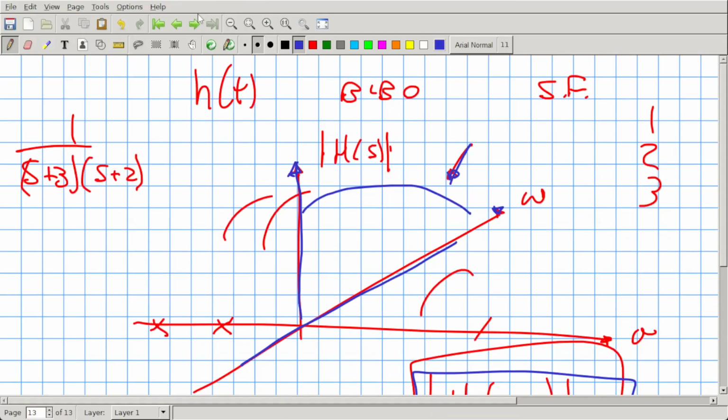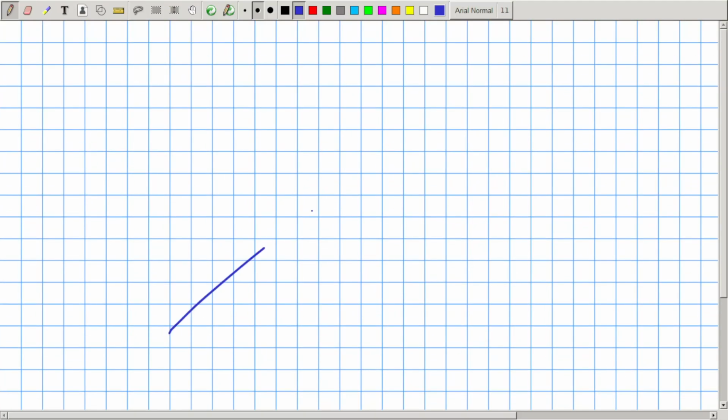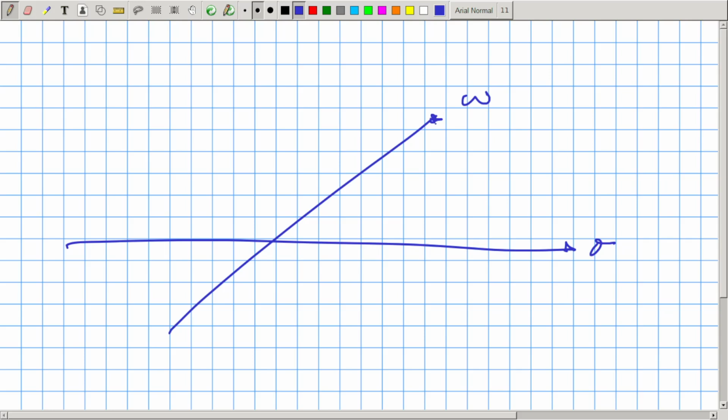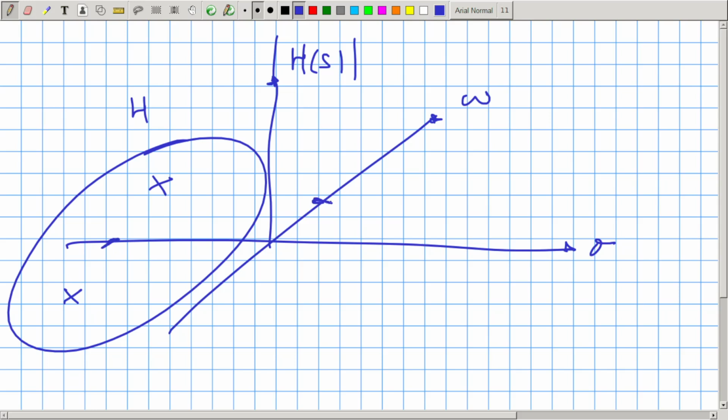And then I have sigma, omega, modulus of H of s, and I've got a system that has a pole, a pole, and this is my H. Which system might have this specific H? Which physical system might be modeled in this way?